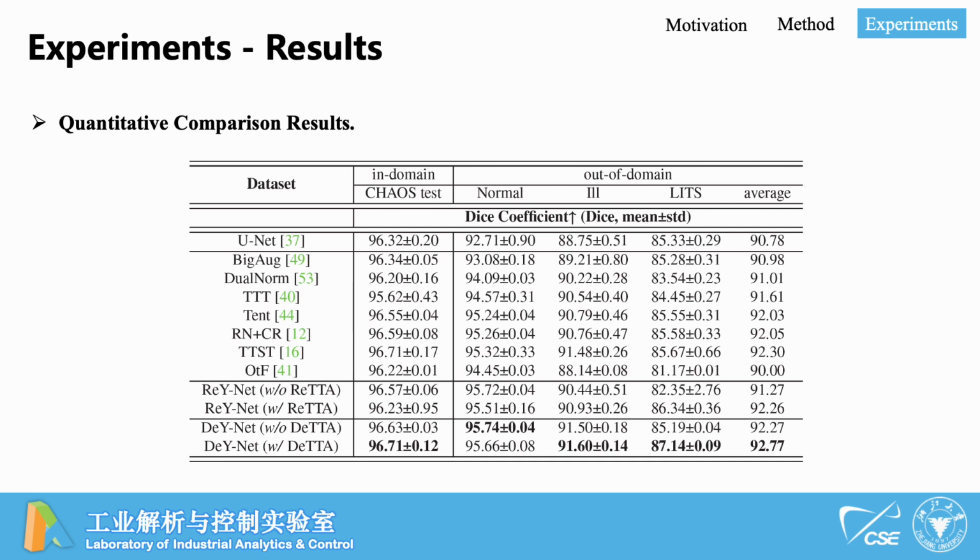In the final two rows, our results stand out, demonstrating superior performance, especially in unseen domains. Notably, on the largest and most diverse LITS dataset, our improvement is significant. The comparison also indicates a significant enhancement before and after the DTTA.